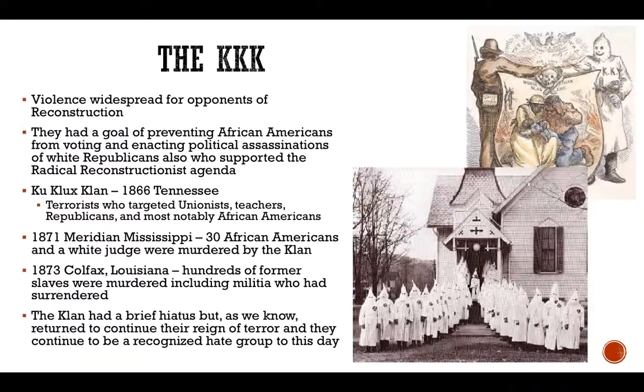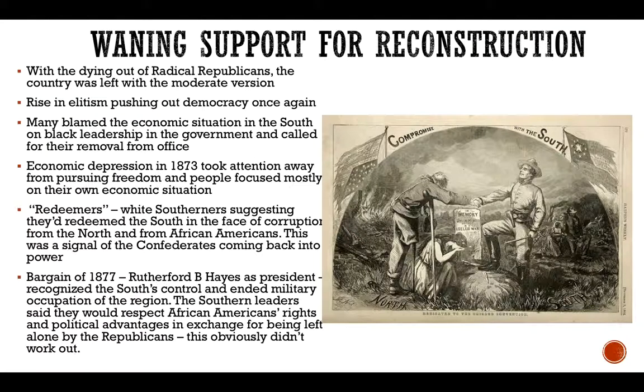And a couple years later, in Colfax, Louisiana, there were hundreds of former slaves who were murdered, including militia people who had surrendered. And the Klan actually had a brief hiatus, but we know it came back, and they actually still exist as a group today and continue their reign of terror, and they're a recognized hate group today.